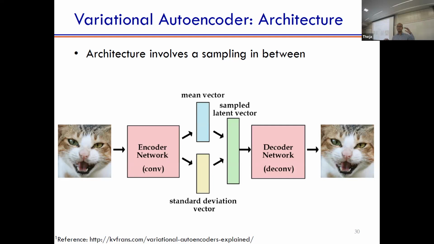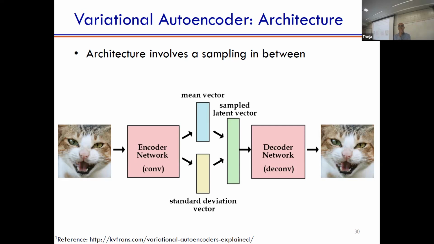If you average that out, then we are assuming that the averaged distribution on Z should be Gaussian. That was the assumption in the previous slide. We can also assume, per input image, that the encoder spits out a mean vector and a standard deviation vector, so it is conditionally Gaussian also.